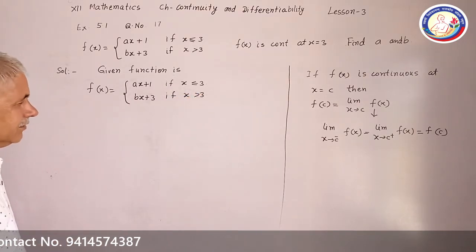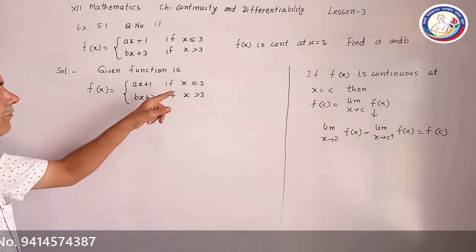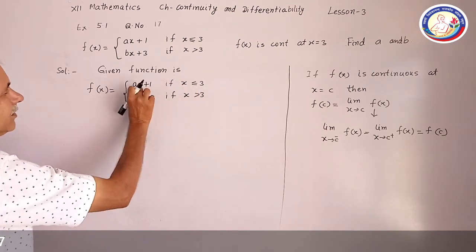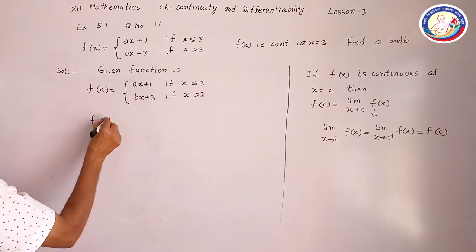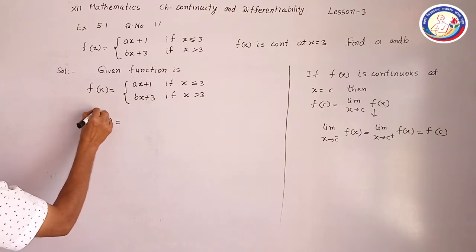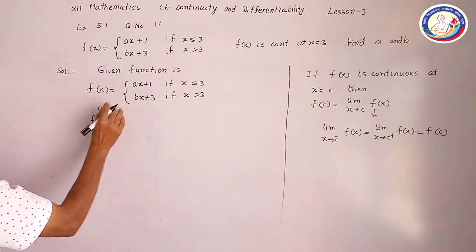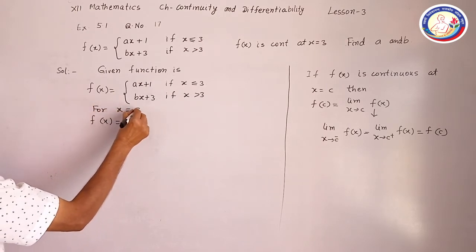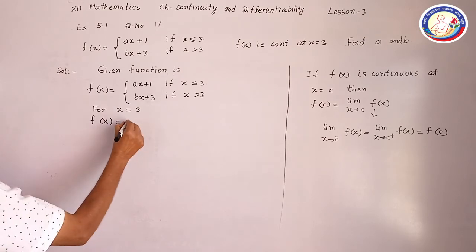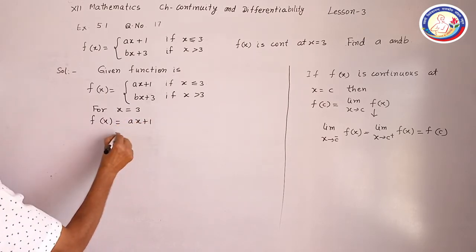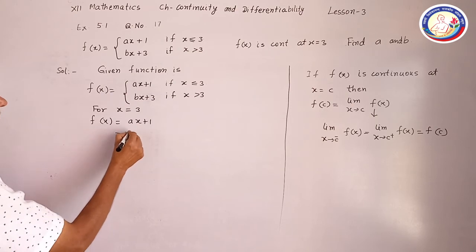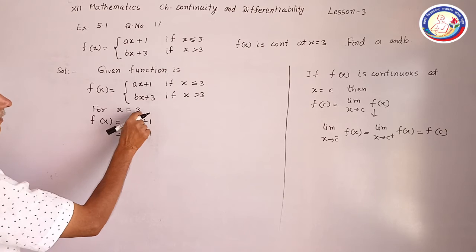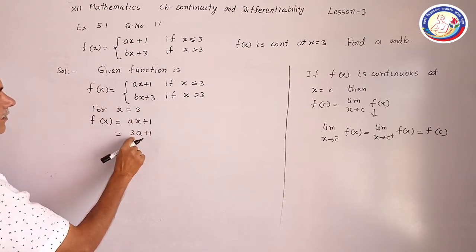So what is the value of the function at 3? For this we will take the function f(x) equal to ax plus 1. When we put x equal to 3, we get 3a plus 1.